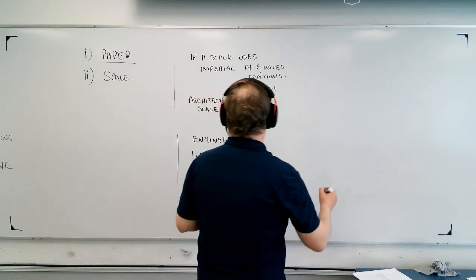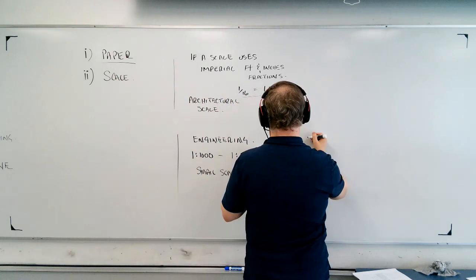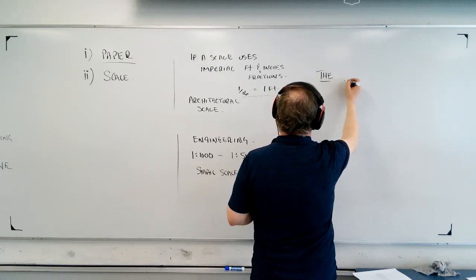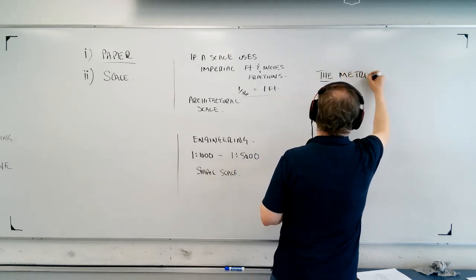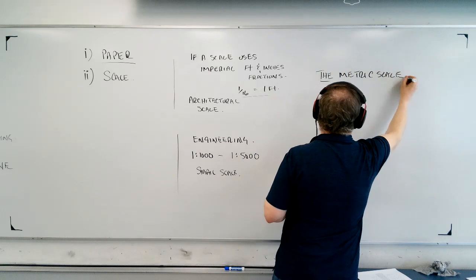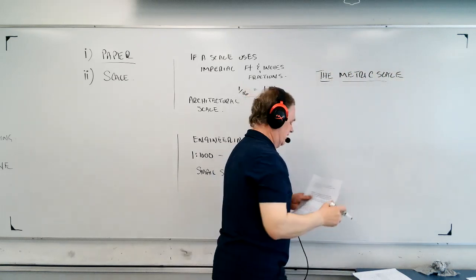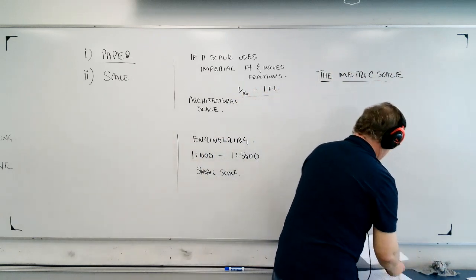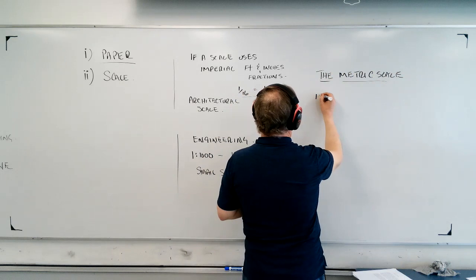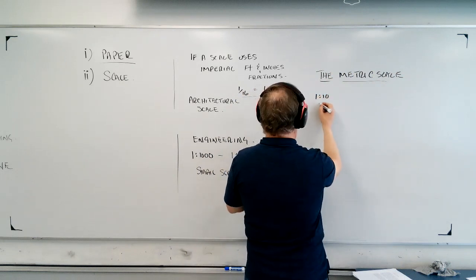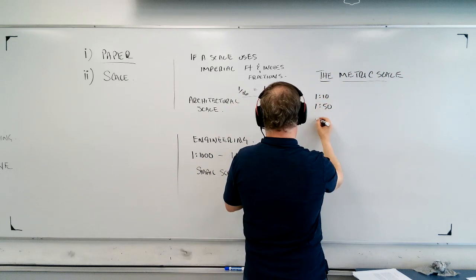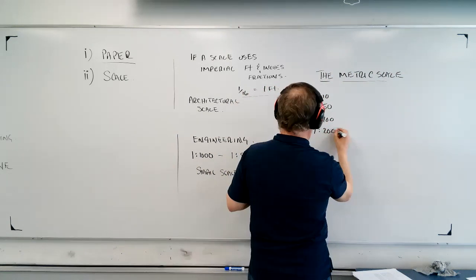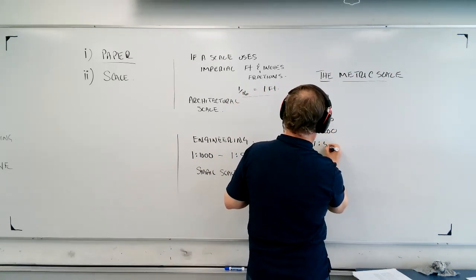Now, the one that you're probably going to come across most often is the metric scale. Most of the prints that you're going to work with are going to be this metric scale. And it's nice because it's based on decimal, right? The typical numbers that you see in the metric scale are nice numbers like 1 to 10, 1 to 50, 1 to 100, 1 to 200, and sometimes as high as 1 to 500, okay?